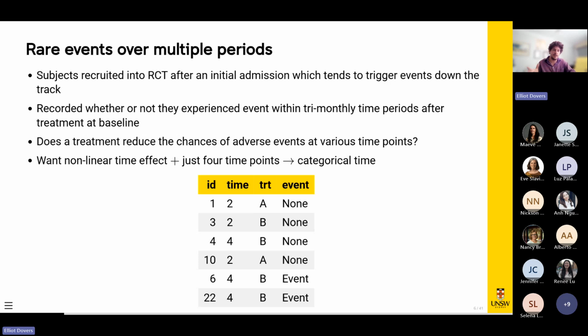Okay, so in this first example, this was a randomized controlled trial where subjects were recruited into the trial after their initial admission to a hospital, where they'd had an event, which then triggers events happening down the track. However, they're quite rare events.